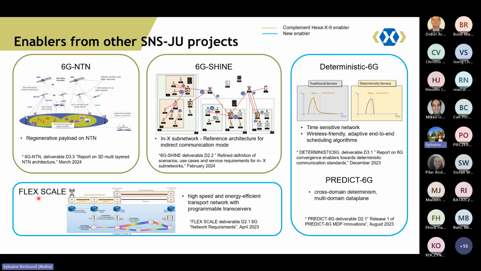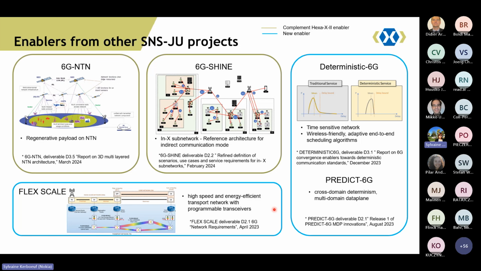And then we've got also the FlexScale project, which will provide some enablers related to high-speed and energy-efficient transport networks with programmable transceivers. So it will nicely complete what we have in the network function layer of the system blueprint.